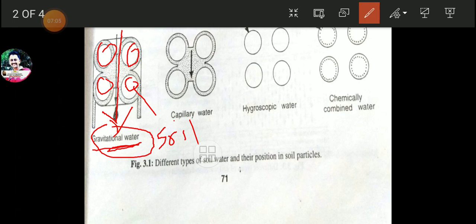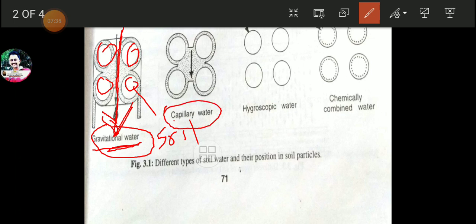After raining, the water goes deeply into the soil due to gravitation, that is known as gravitational water. The plant cannot absorb this water through its roots. That is most important. Already I have told you, out of these four types of soil water, only capillary water is absorbed by the plant through the roots. Now, what is capillary water?